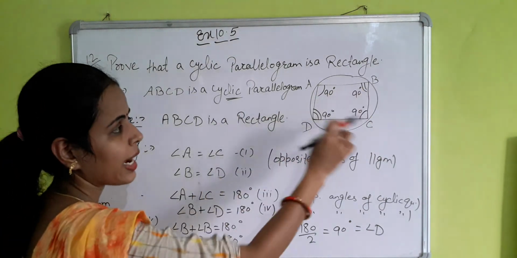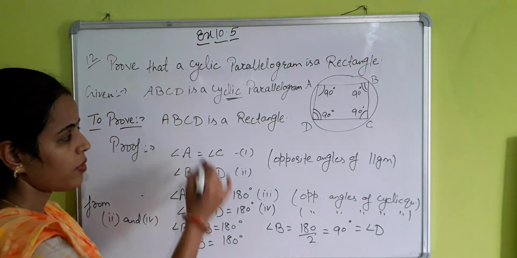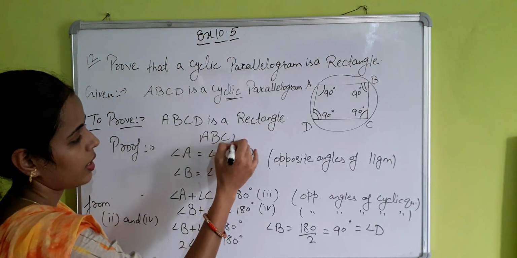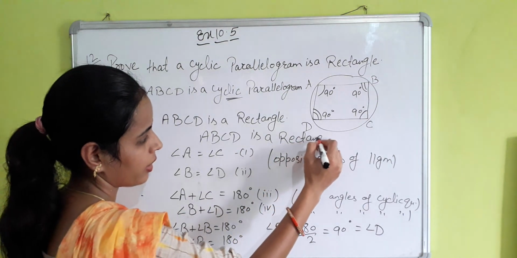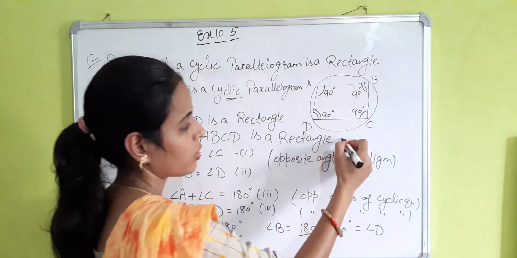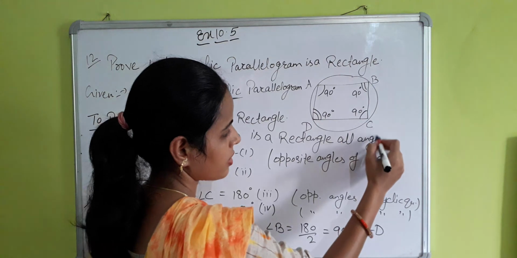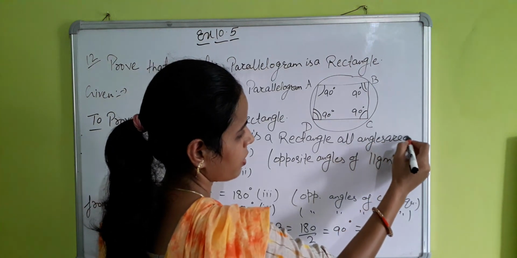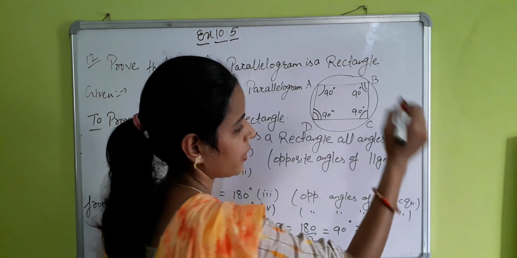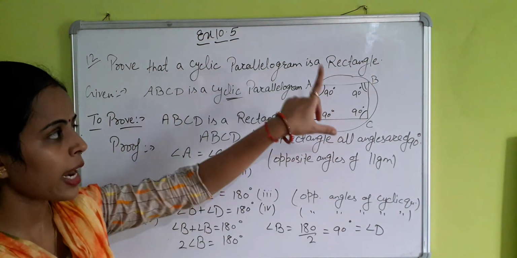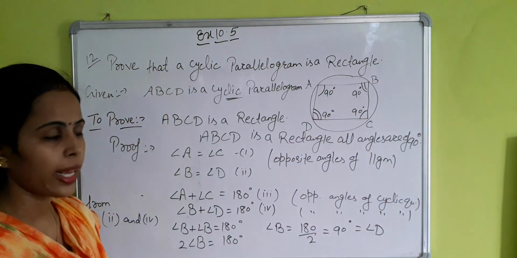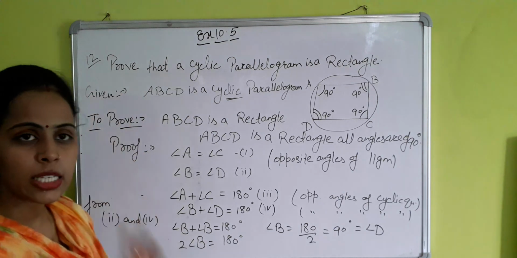If all these angles are of 90 degree, then we can say that ABCD is a rectangle because all angles are of 90 degree. So this parallelogram is also a rectangle. This question number 12 is complete.